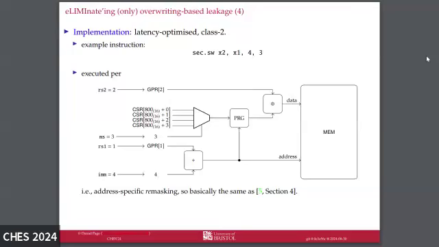And the PRG is dependent on, number 1, the address that you're making use of, and number 2, these so-called seeds that are stored in our CSRs. So the long and the short of it is, as long as the programmer correctly controls the value of these seed registers, then they're able to make sure that the values being written into the memory are independent from whatever the masking scheme is using, and ensure that the overwriting effect is eliminated.